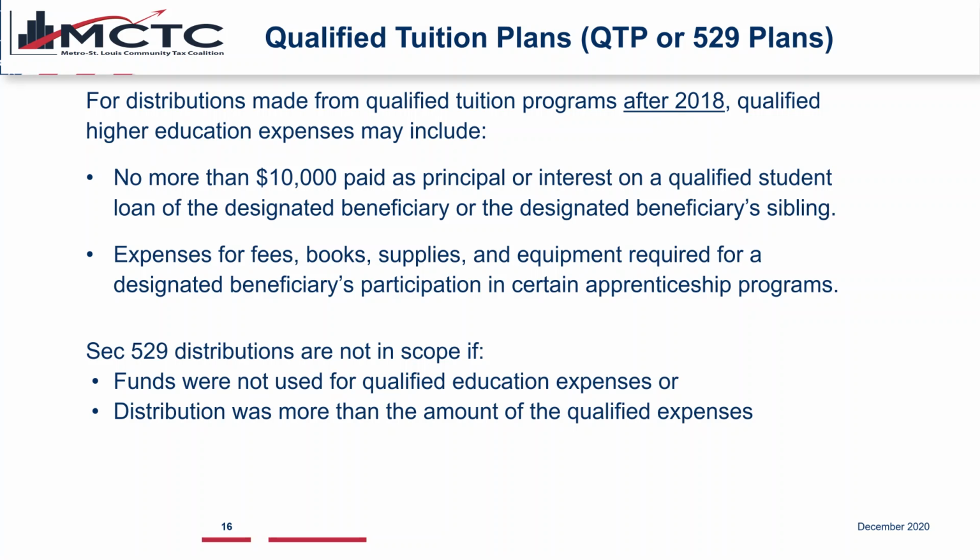Those funds could be withdrawn to pay for education. The earnings are tax free. Well, under the CARES Act, now you can use that 529 funds, principal and interest, to pay off student loans up to $10,000. That's what this slide is all about.